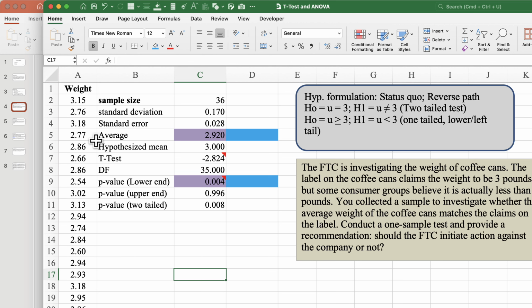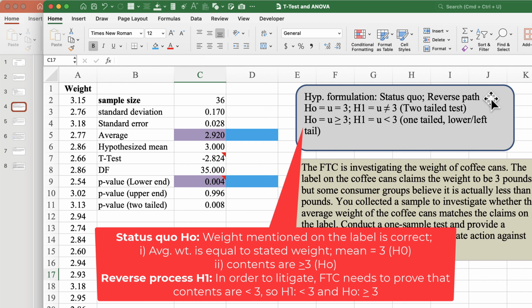This is our data in Microsoft Excel, and we start with hypothesis formulation. For hypothesis formulation, we can have two approaches. One approach is the status quo approach, and the other is the reverse path approach. The status quo approach is that the null hypothesis would be that the mean of coffee cans weight is 3 pounds, and the alternative hypothesis would be exactly the opposite.